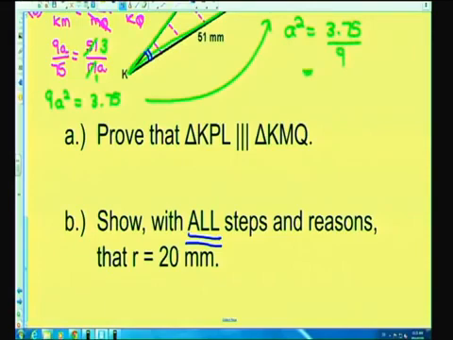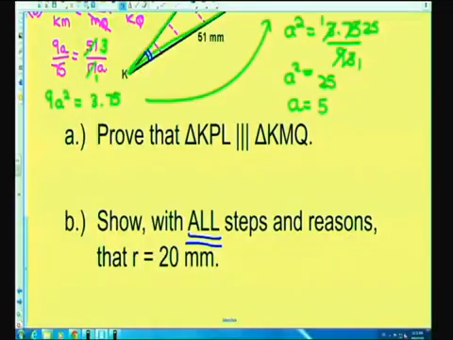Of course, you can use your calculator, but I'm trying to encourage you to think a bit. And if you look over here, that's going to divide into the 75 25 times, so I get a squared is 25. That means that a is either plus or minus 5, but we are dealing with lengths, and a, being a length, cannot be negative. So I can safely just say a is 5.